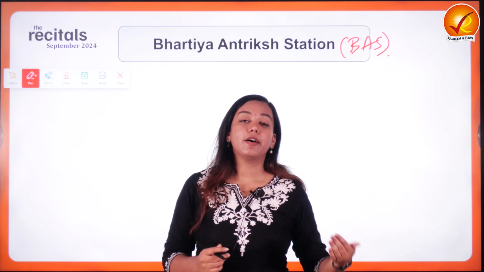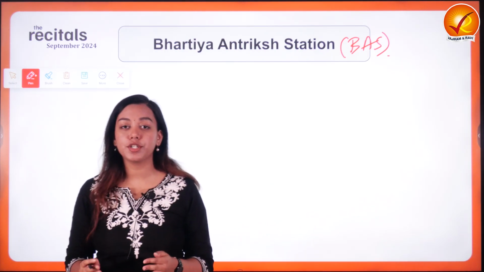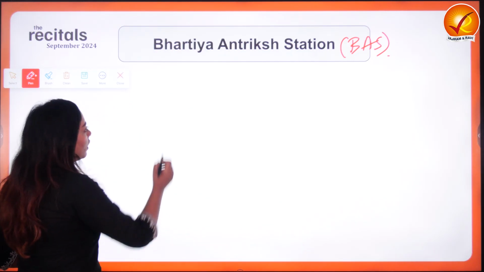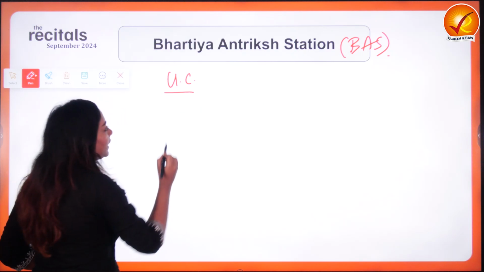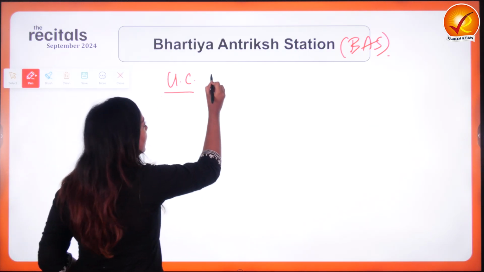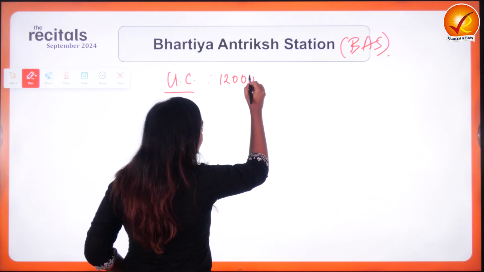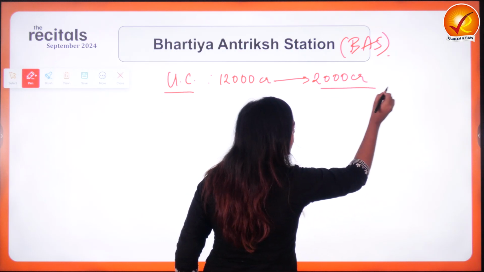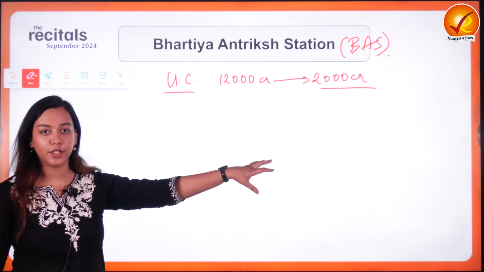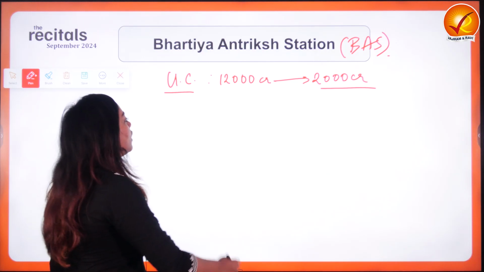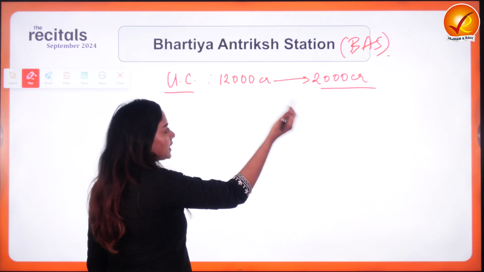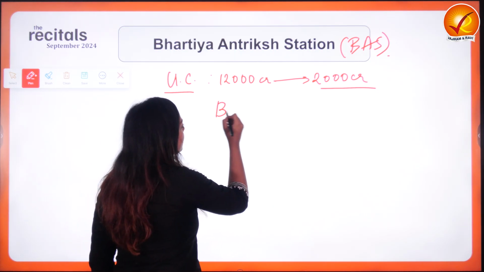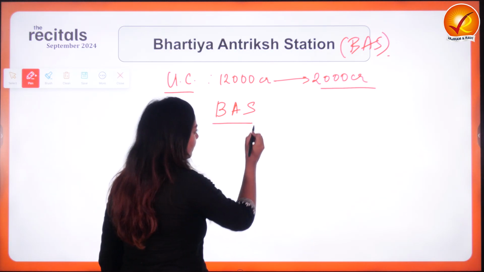The scope of our first human space flight mission that was launched back in 2018 in the name of Gaganyaan mission has been extended now by the Union Cabinet by allotting it more funds. So previously, it had the fund of 12,000 crore rupees, which has now been extended to 20,000 crore rupees, because one new module now has been added into the Gaganyaan mission, which is to create our own Antariksh station or our own space station, indigenized space station, which will be named as the Bhartiya Antariksh station.